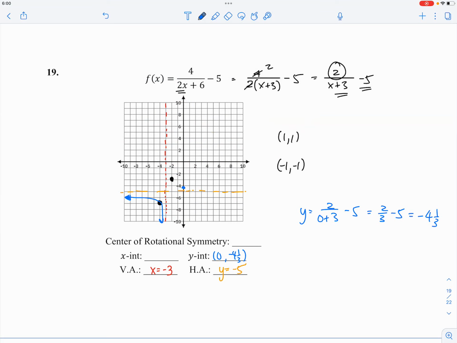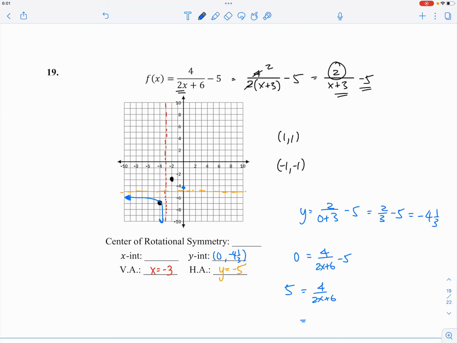And for the x-intercept, I have to put my y equal to 0. So 4/(2x + 6) minus 5. So you have a 5 on the left-hand side.